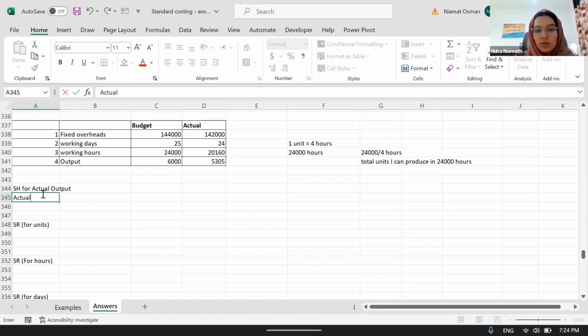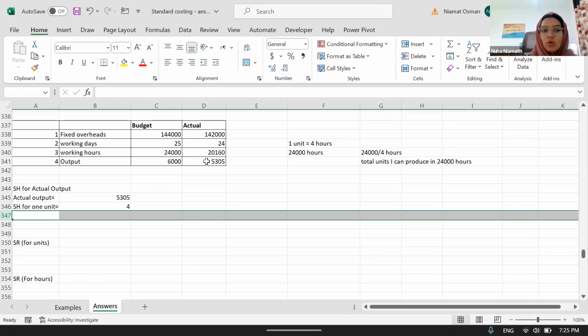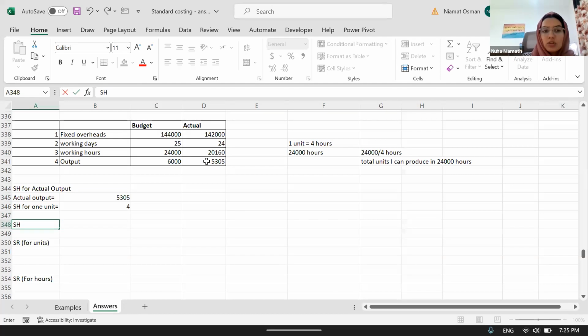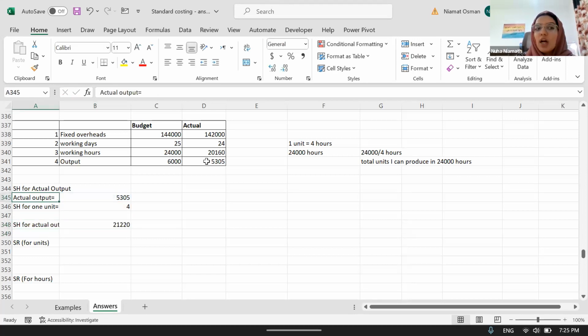What is our actual output? We already have our actual output to be 5,305. We know that the standard hours for one unit is equal to 4. So what will be the total standard hours for actual output? 5,305 into 4. That will give me standard hours for actual output.